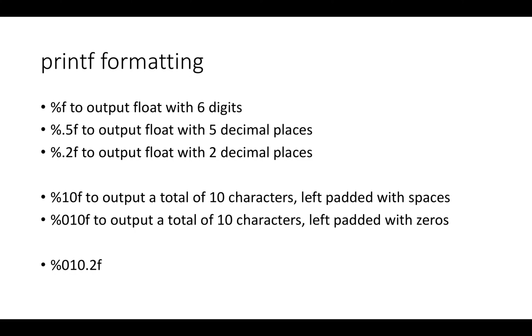Now, we can also add padding to the left side of the number. So we can say %10f to output a total of 10 characters. Now, this is kind of misleading because it says 10 characters, so that includes everything to the right of the decimal place itself, and all of the numbers that you already declared.